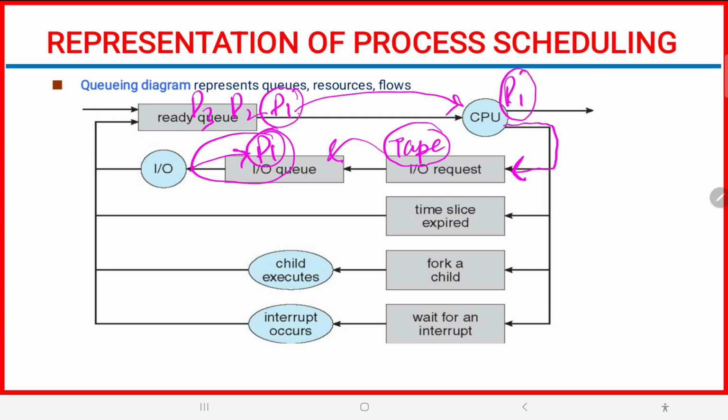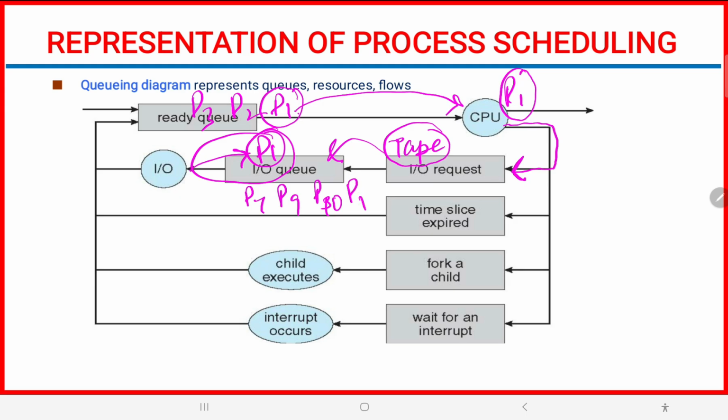Fine. Let's suppose, in fact, if there are more processes already waiting for tape, let's suppose the moment P1 was demanding access to tape, P7, P9, P3 and P10 were already there waiting for tape. So P1 will be waiting over here for access to tape.